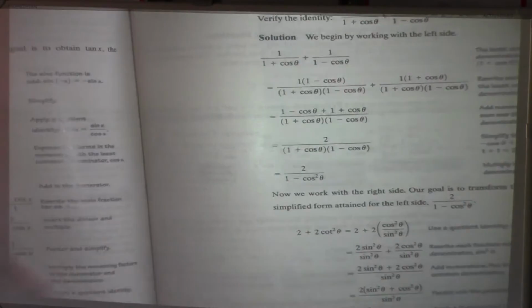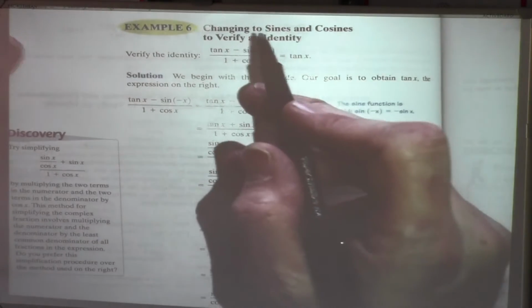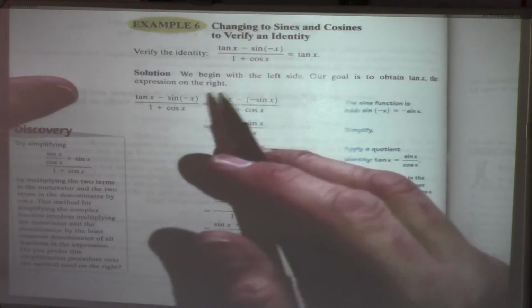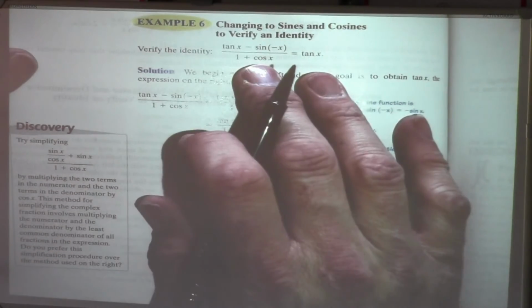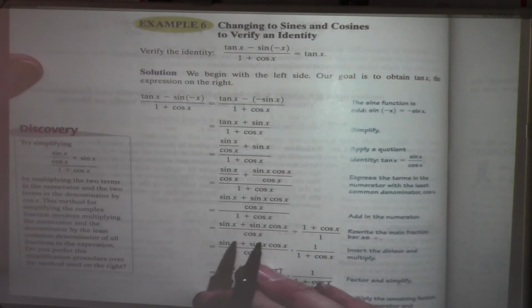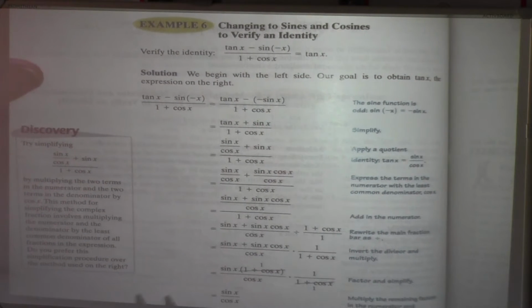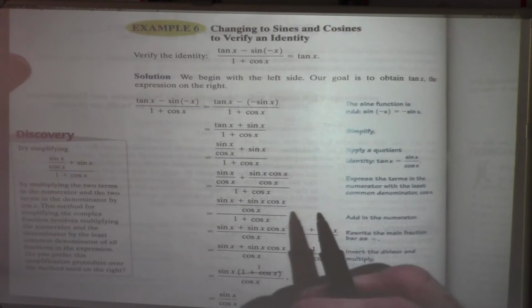And example 6 is not necessarily an algebra math technique. What it does is remind you here that changing to sines and cosines is an important step to do. In fact, I'm going to go further with that, and I'm going to say that changing everything to sines and cosines usually is the first best step to do in all of these verifying identities or any of these kinds of problems.